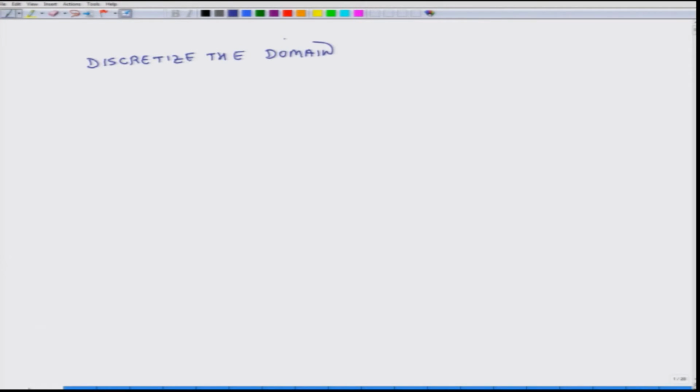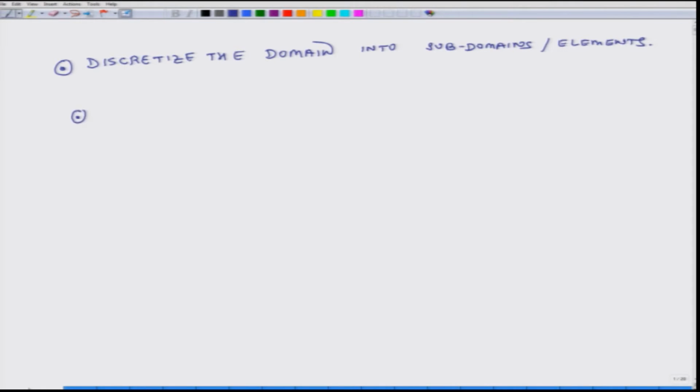We break the overall region in which we want to find the solution into subdomains, and these subdomains are called elements. So this is the first step.